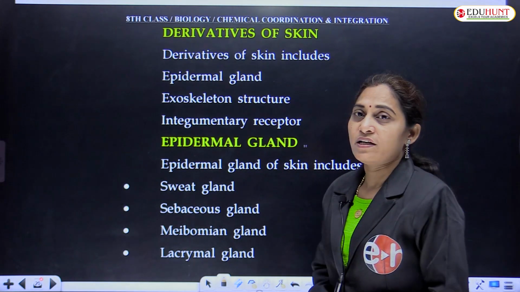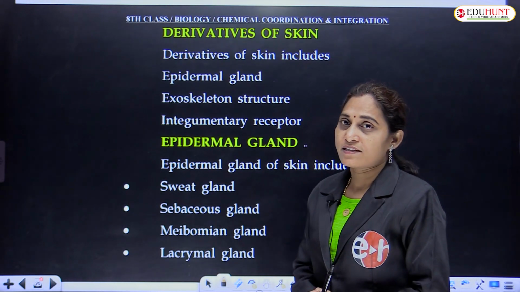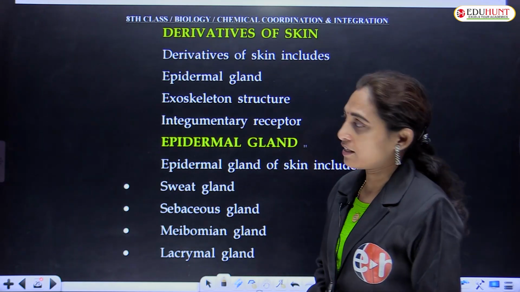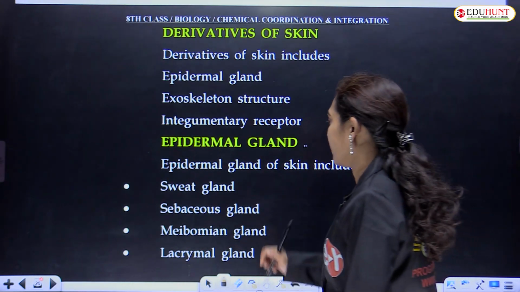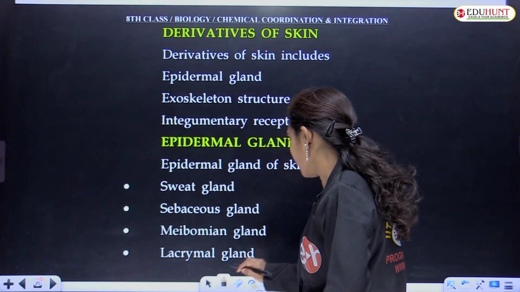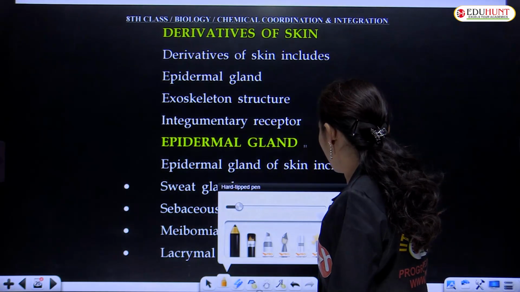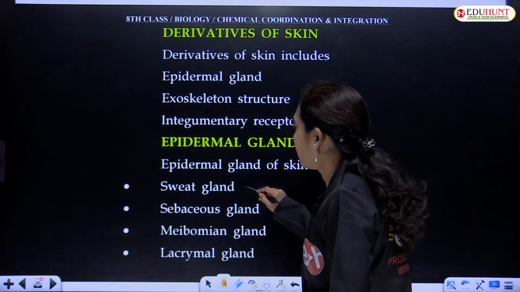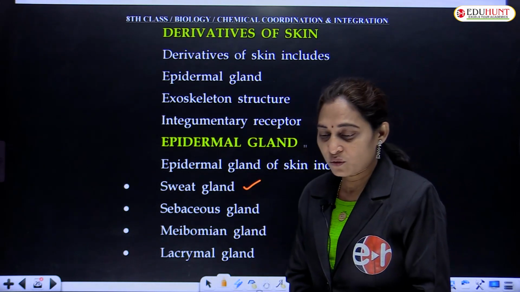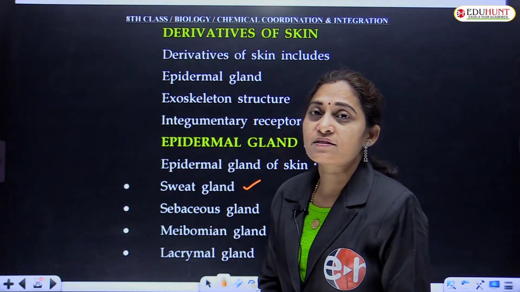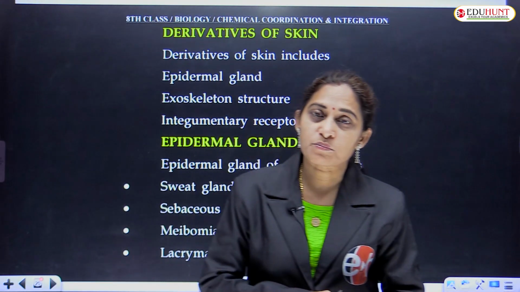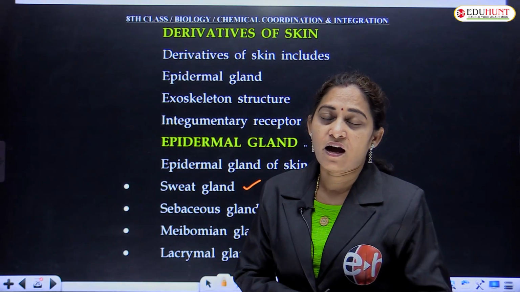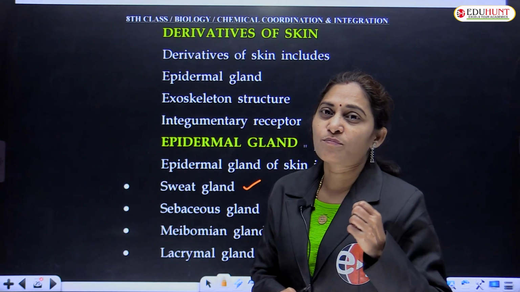Let us see the various epidermal glands present in the skin. They include sweat glands. Most of us know about the sweat glands. We know that numerous pores present on the skin are called sweat pores.